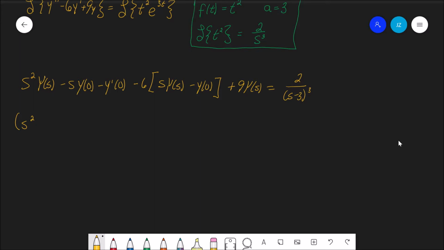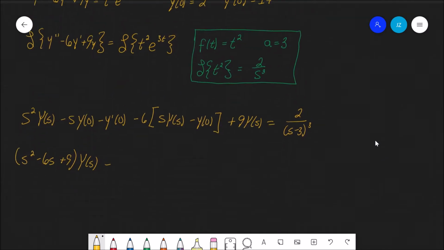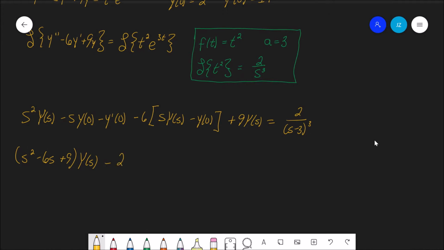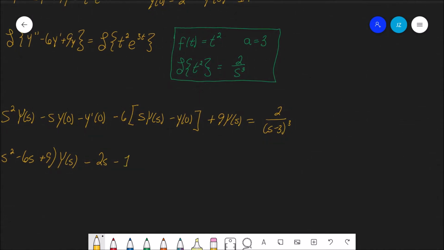Pull all of our y of s's together. s squared minus 6s plus 9 all times y of s. Now we get minus s times y of 0, and y of 0 was 2, so minus 2s, minus y prime of 0. y prime of 0 was 17.